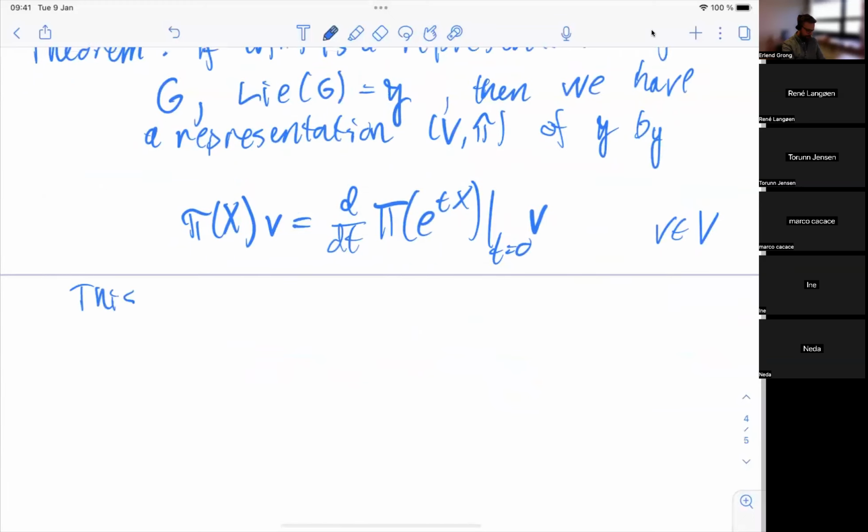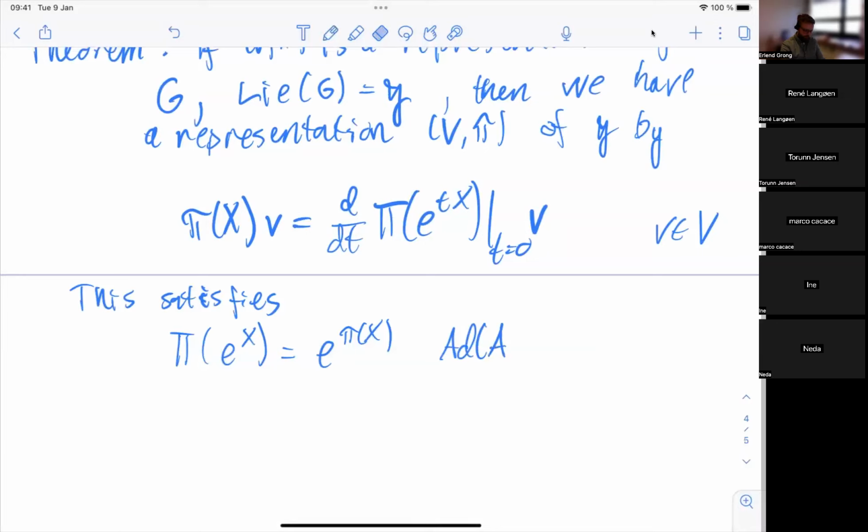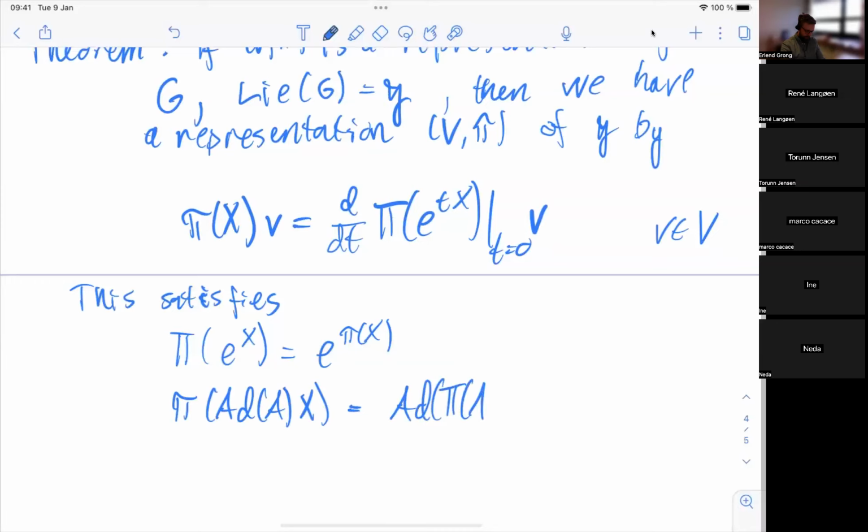So this satisfies: large pi of e to the power x is e to the power of small pi of x, and if I take Ad of A, first small pi of A x, then this is equal to Ad of large pi of A applied to pi of x.